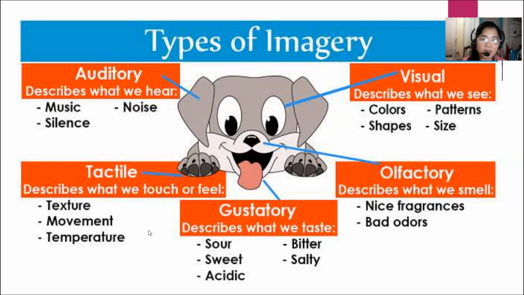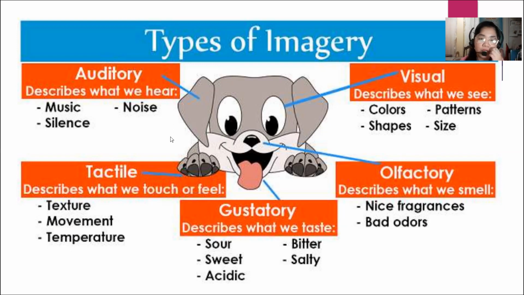Tactile describes what we touch or feel. For example, movement, texture like rough, smooth, or slippery surfaces. Then you also have temperature: is it hot, lukewarm, or cold as ice. Auditory is what we hear, like music.